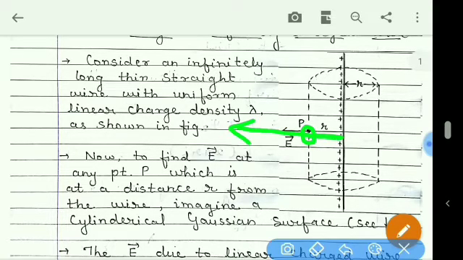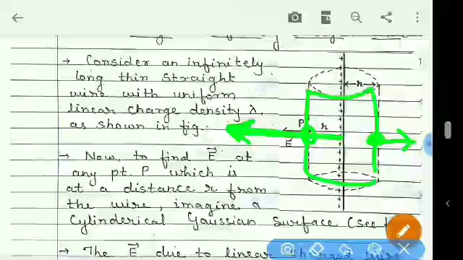So we can say that it is along the radial direction. Also we can see that for this curved surface this vector is normal to the surface, and so the direction of the electric field will be this. If we select any point here, then the direction of electric field will be in this direction.